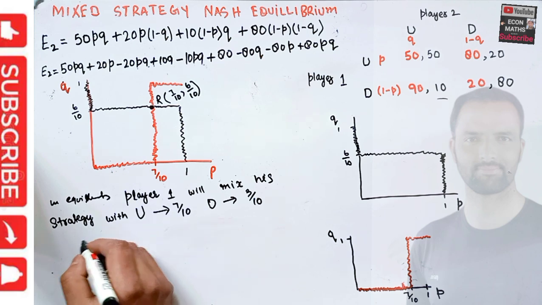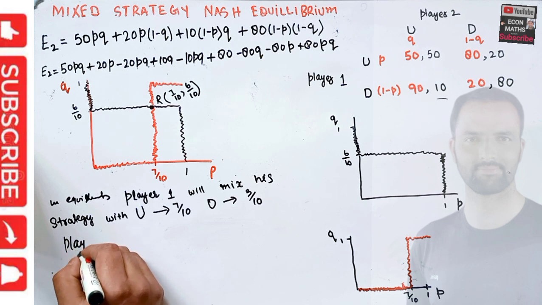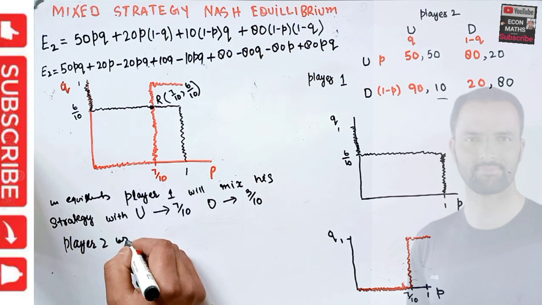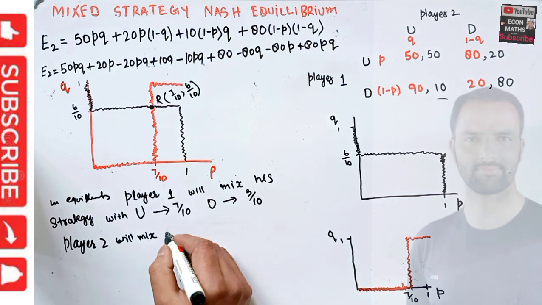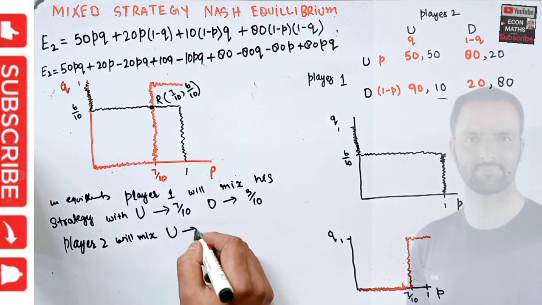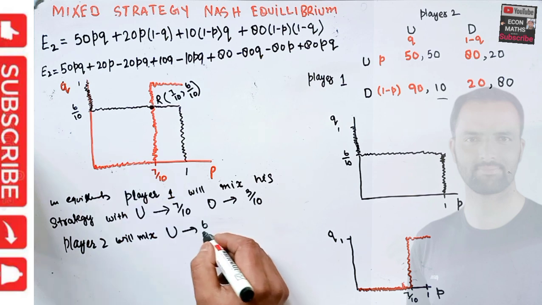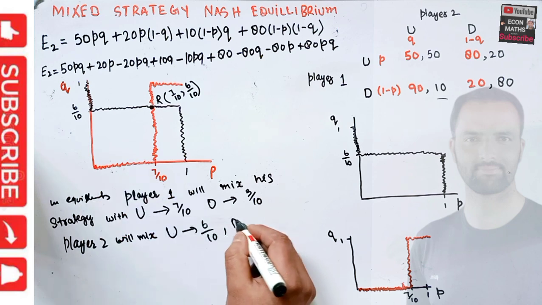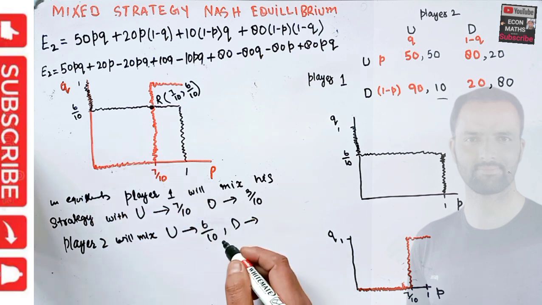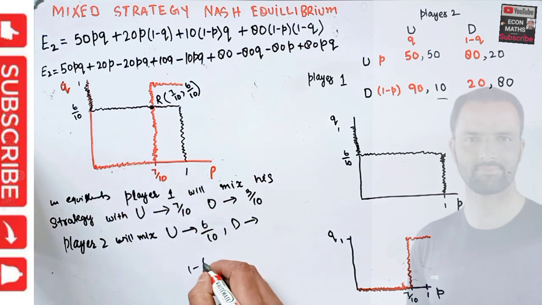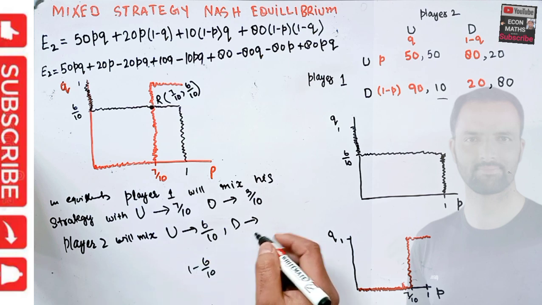And similarly, player 2 will mix his strategy with playing up with probability 6 upon 10, and down with 1 minus q, 1 minus 6 upon 10. This comes out to be 4 upon 10.